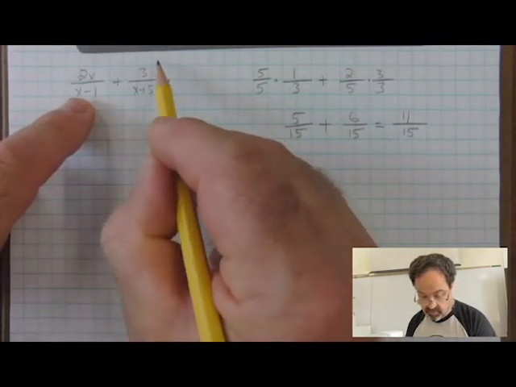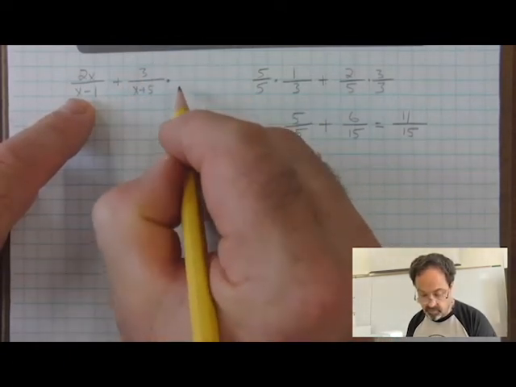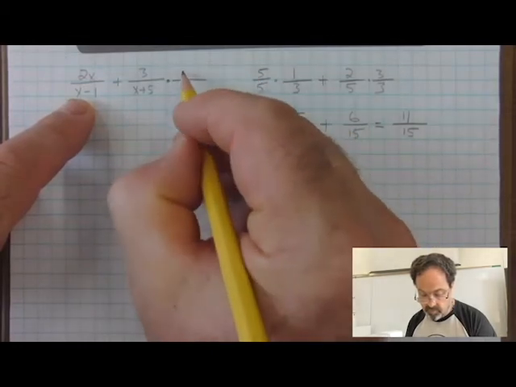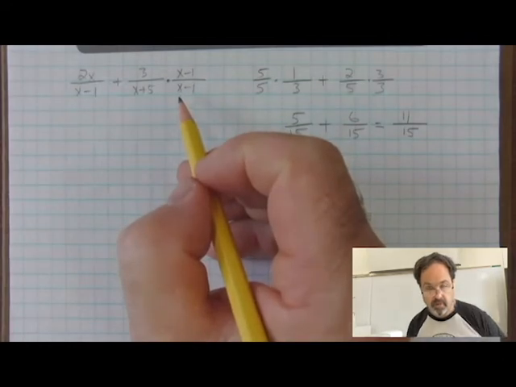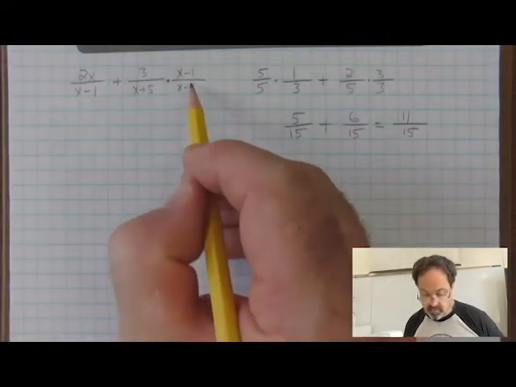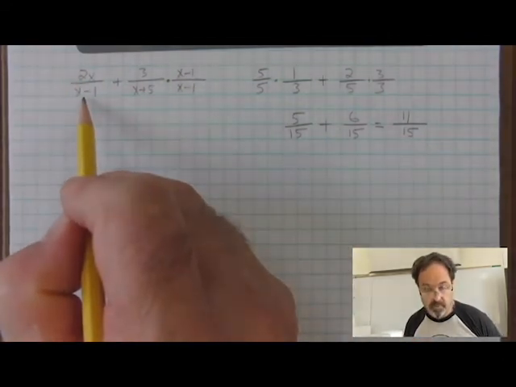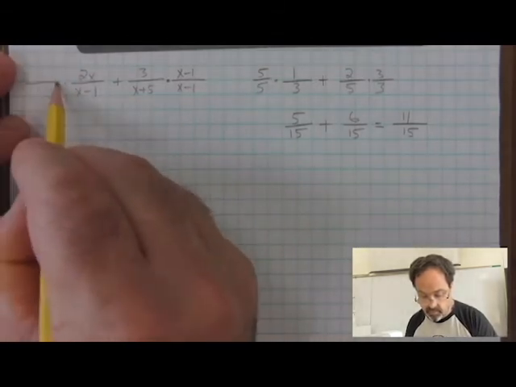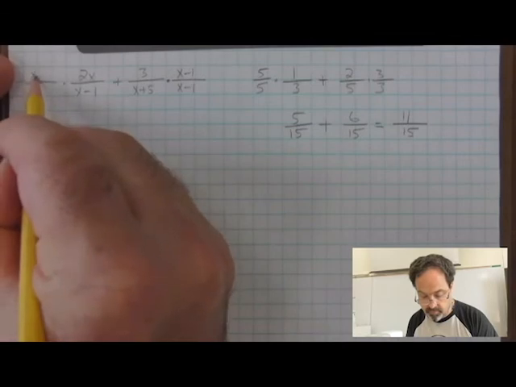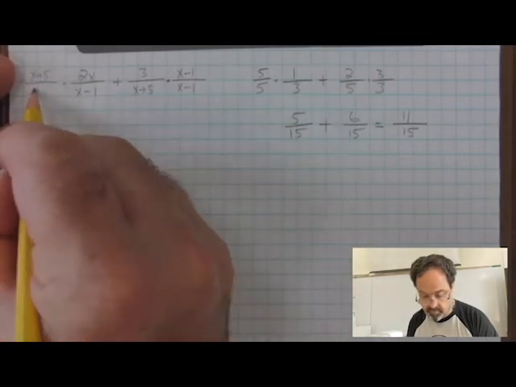In this case, I'm going to multiply the 3 over x plus 5 by something over itself, a version of 1, based on the other's denominator. And the 2x over x minus 1 will also be multiplied by a version of 1 based on x plus 5.